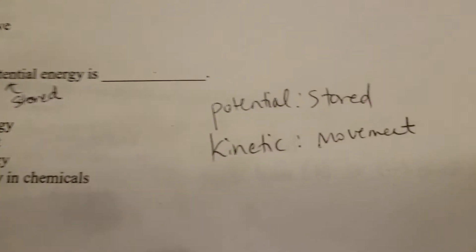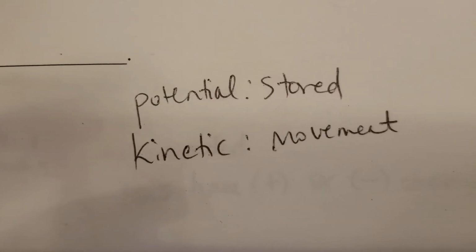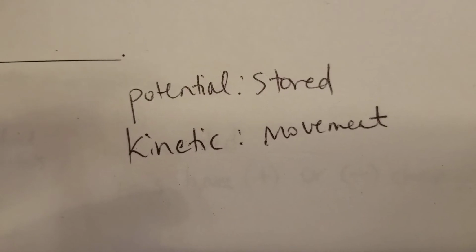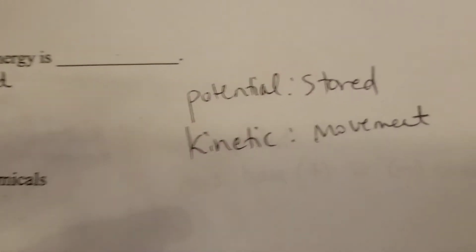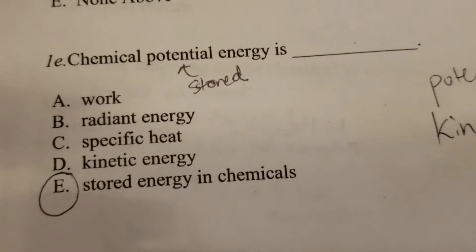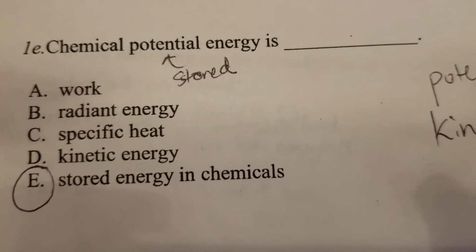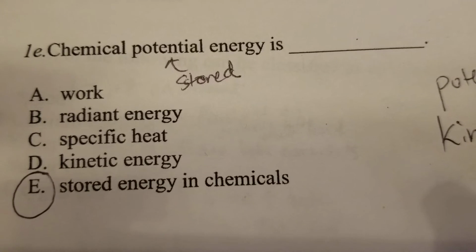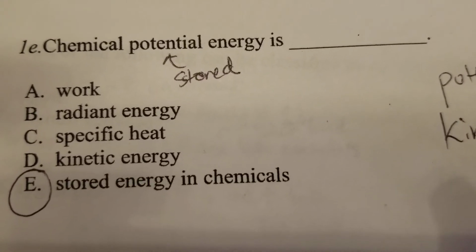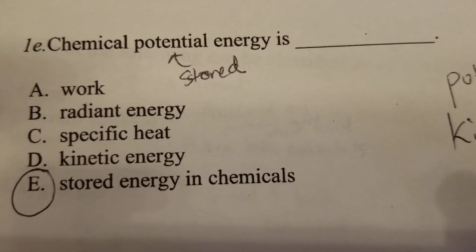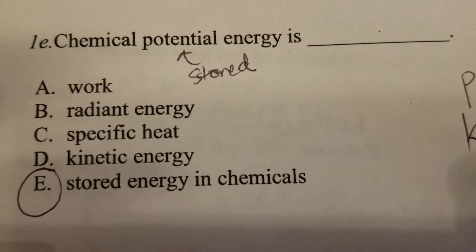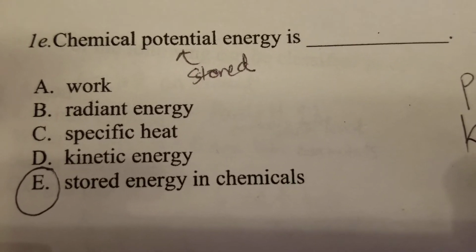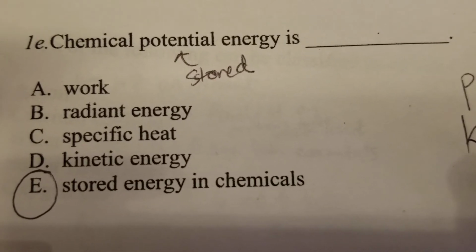So I just want you to remember potential is stored energy and kinetic is like movement energy, like when something's actually moving. So chemical potential energy is like when something has the potential to move or do something. In this case, chemicals having potential to react. So the only correct answer there is letter E, stored energy in chemicals.